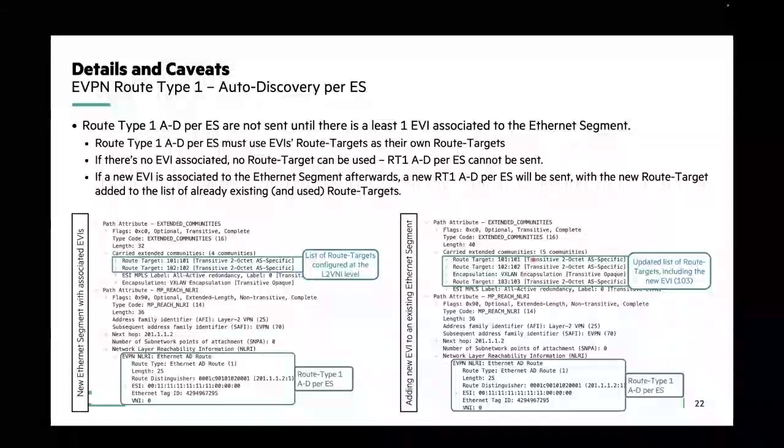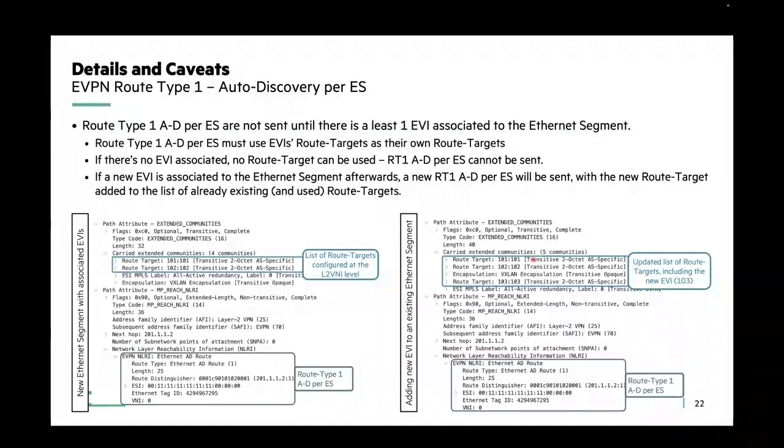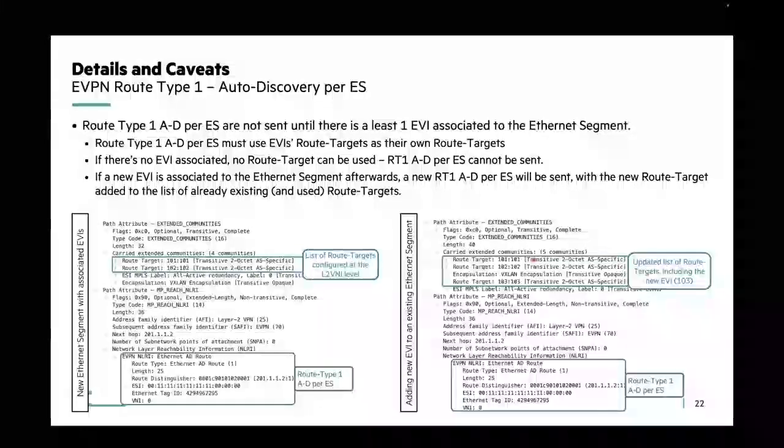So we are not sending a new RT1 AD per ES with the new EVI or route target only. We are pushing the full list of the route targets of the EVIs which are associated to the Ethernet segment.